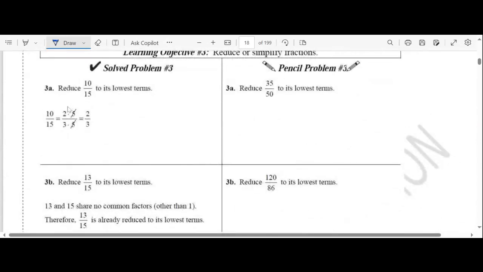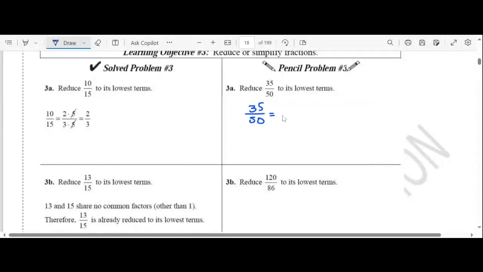Here we're gonna simplify, reduce, simplify, reduce. Okay. 10 divided by 15. I will break the 10 as 2 times 5, correct? Yeah, let's see who's faster, the mouse or you? I am the mouse.